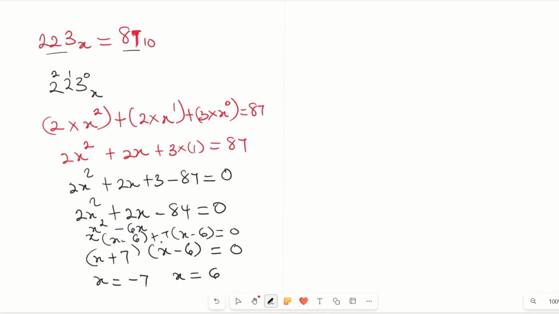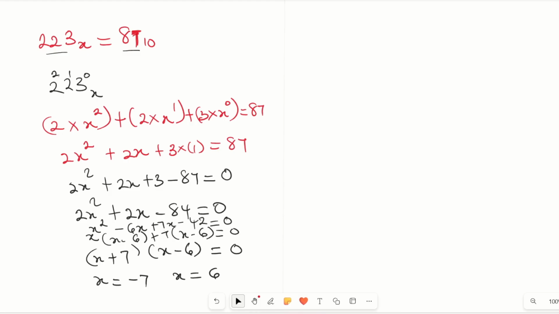And 7 multiplying x gives us plus 7x. Then 7 multiplying negative 6 gives us negative 42. So this is equal to 0. We've been able to work from the bottom to the top, and we are able to see that the factors are x minus 6 and x plus 7, so the values of x are negative 7 and 6.